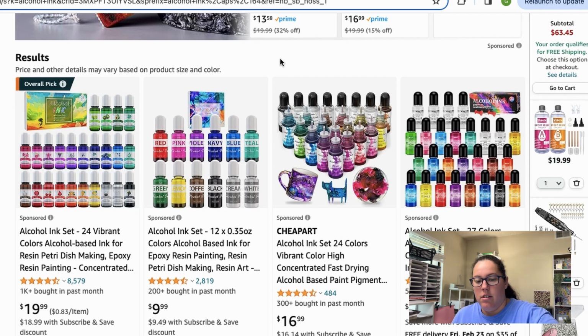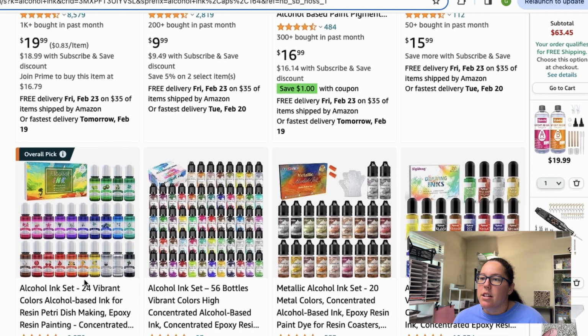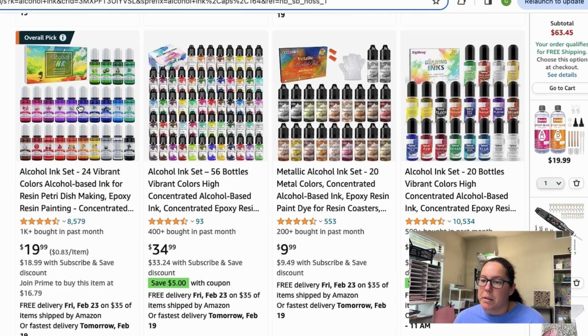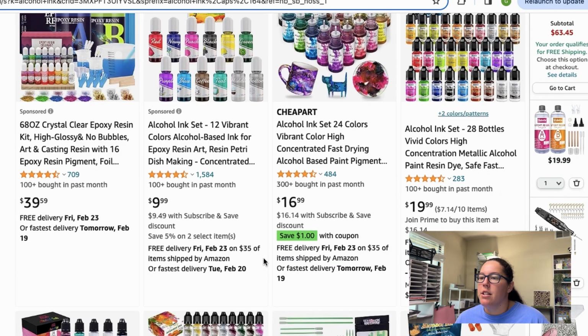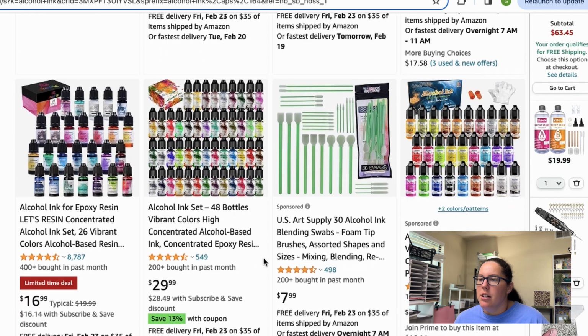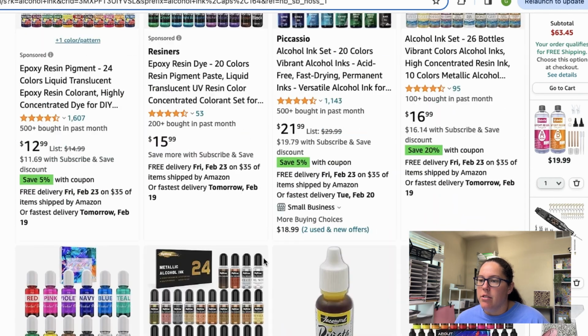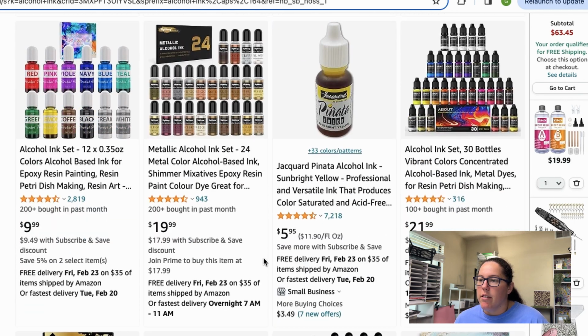And so I like to do a lot of research, and I like to be very meticulous about this. So basically per bottle, 10 divided by 12, that's 83 cents per bottle. Yeah, because even if you see this version, that's 83 cents per bottle, but that's a lot, and I don't need that many. This is probably one of my first resin projects, honestly, so I don't know if we need more.